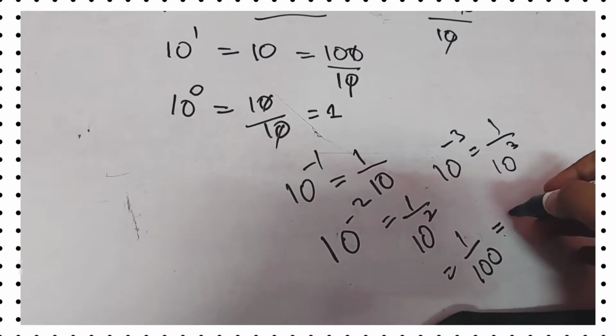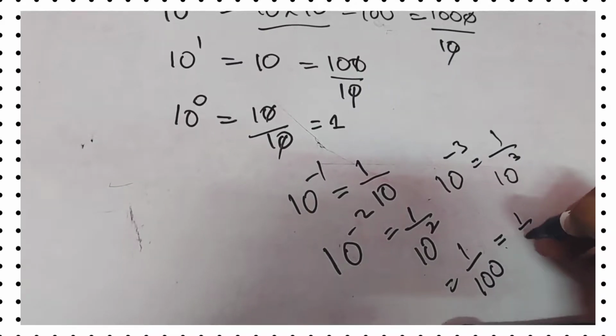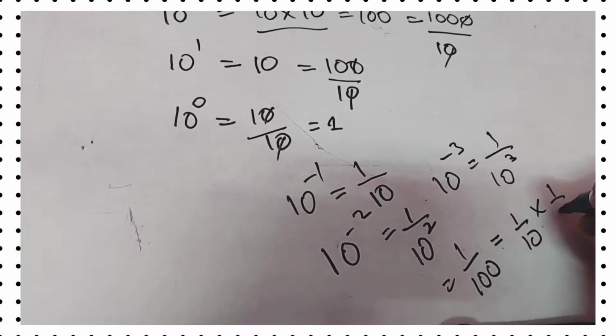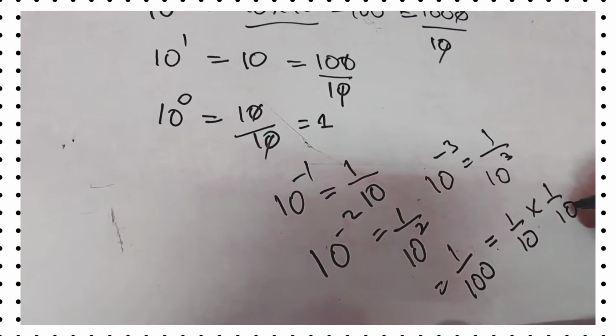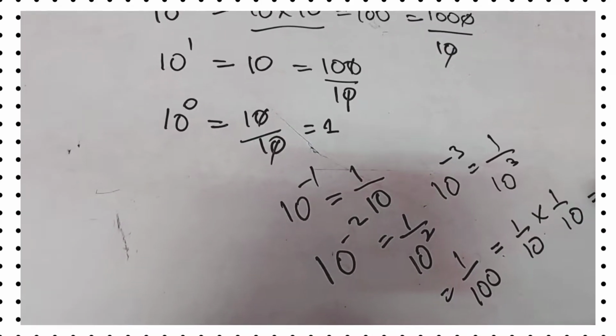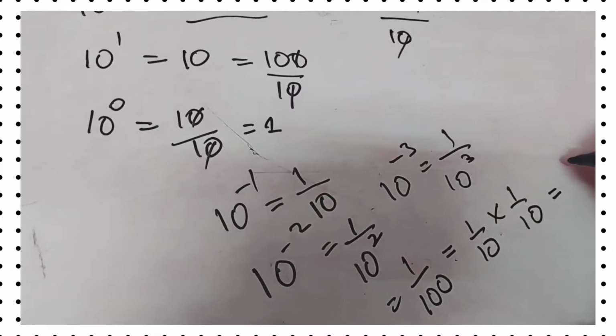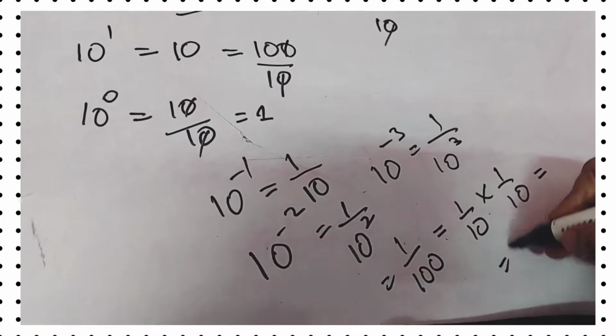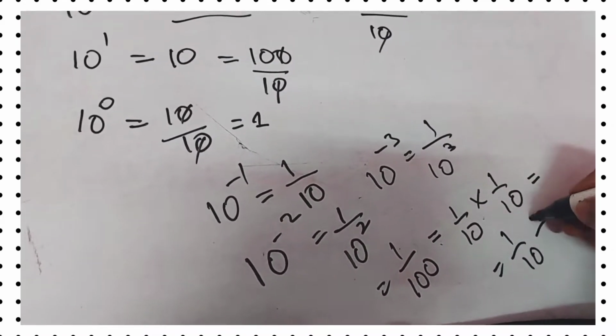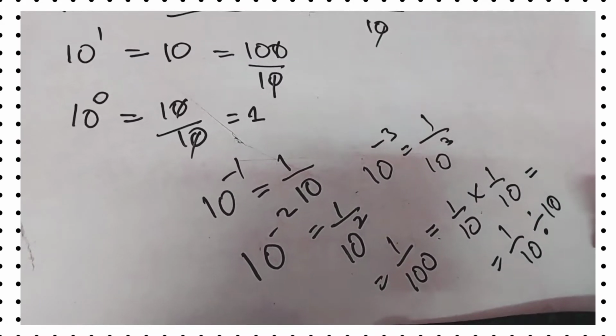So we can write this 1 by 100 as 1 by 10 into 1 by 10, and again we can write it as 1 by 10 divided by 10.